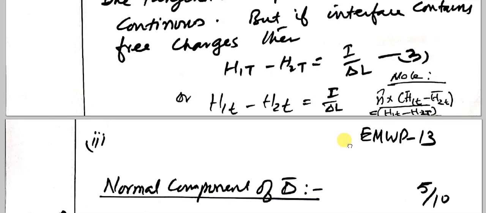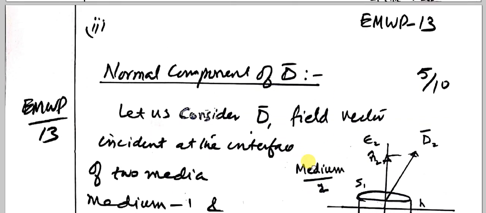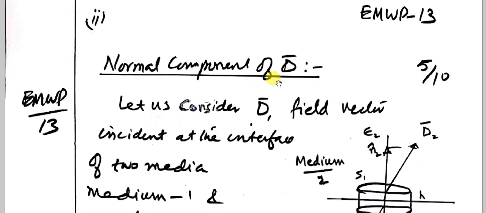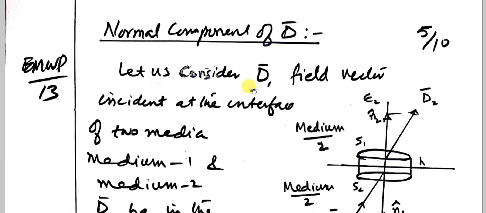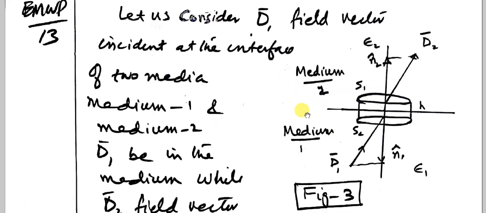Now we consider the third case, which is the normal component of electric displacement D. Let us now consider again this figure having the two media, medium 1 and medium 2. d1 is the displacement field vector in medium 1, d2 is the displacement field vector in medium 2. h is the height, and S1 is the surface area of the pillbox.